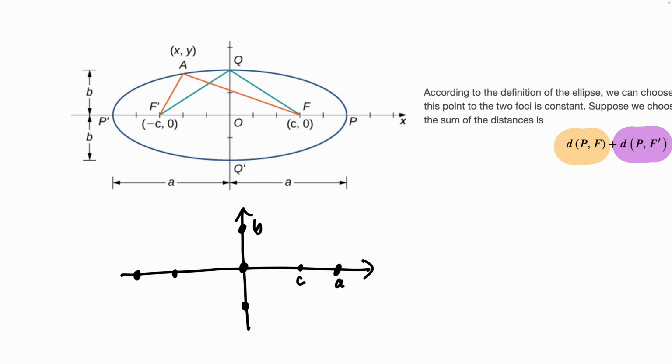But we know that this is a point on the ellipse. So when we look at the distance from that point to the focus and to the other focus, we know that this sum, d1 plus d2, is going to equal 2a. But hopefully you would agree that that and that are the same length, so it must be that a plus a equals 2a.